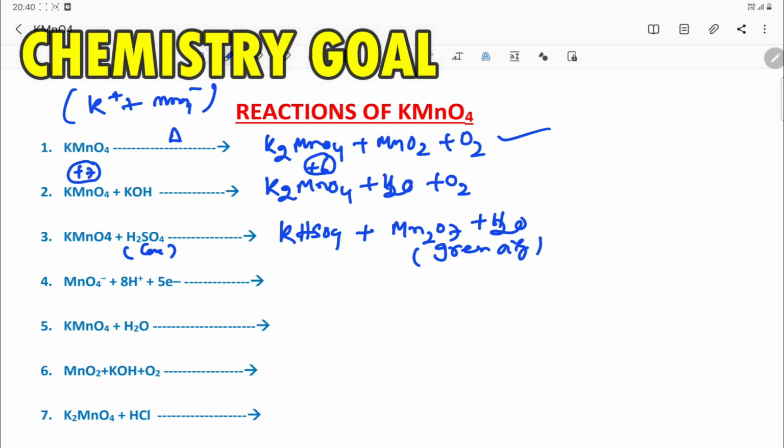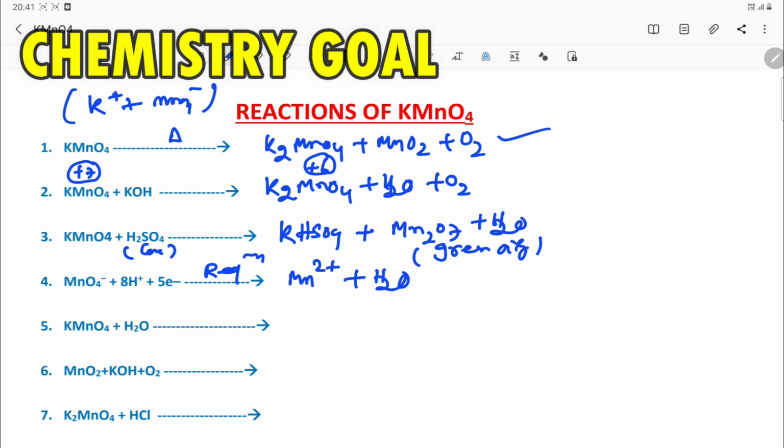Then potassium permanganate in acidic medium: if you see the ionic equation, when it behaves as an oxidizing agent, that means it undergoes reduction. When it gets reduced, permanganate converts to manganese ion and water.